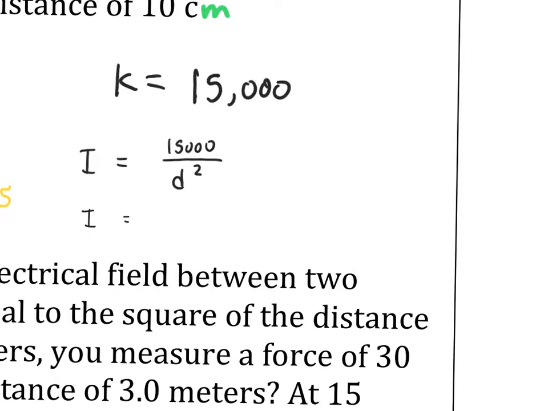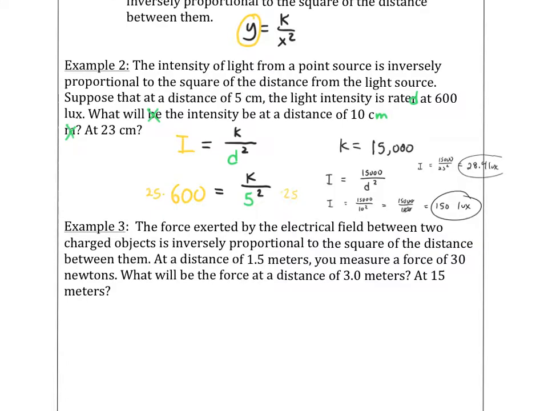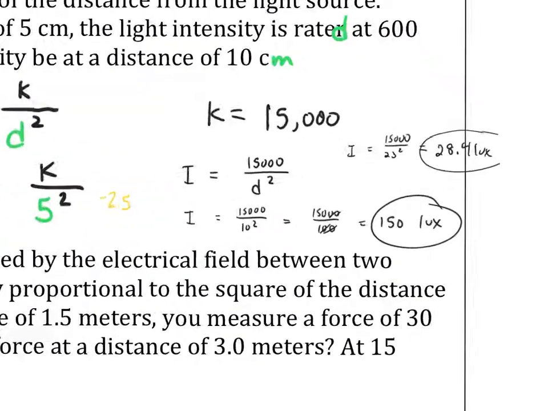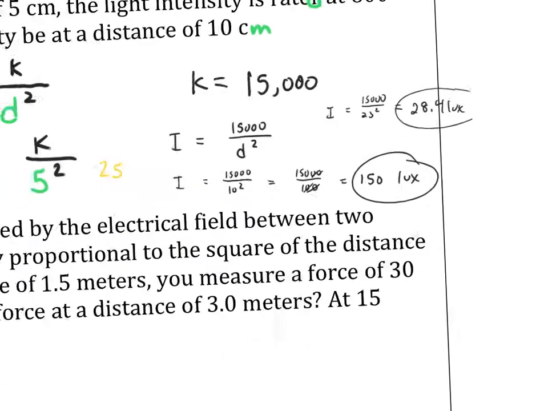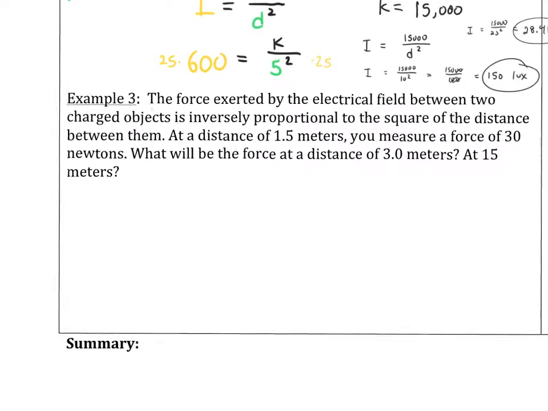So I is equal to 15,000 divided by 10 squared. Divided by 100. 2 zeros drop out. And I'm left with 150 lux. So after we plug 23 in here, we get 23 squared. We end up with about 28.4 lux, or lumens.